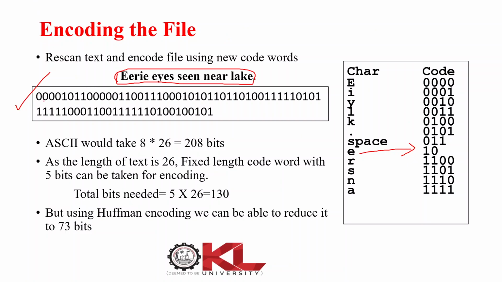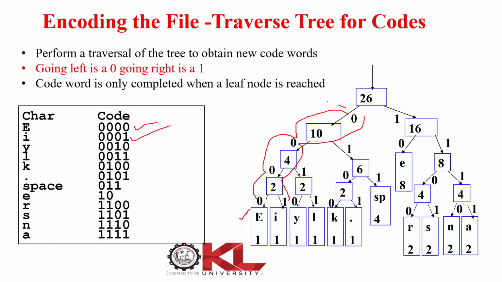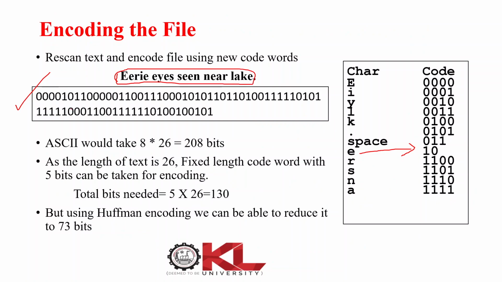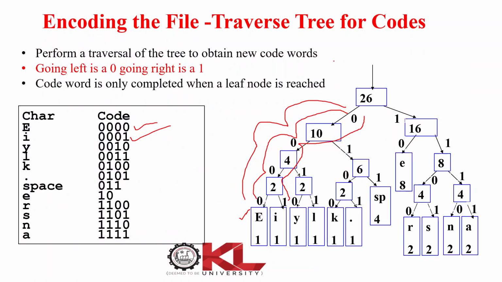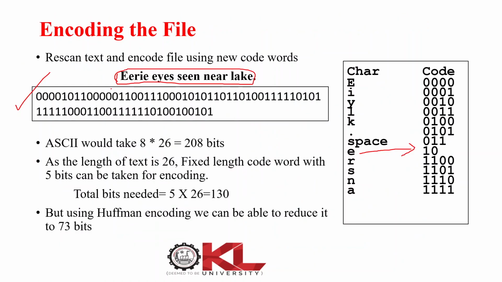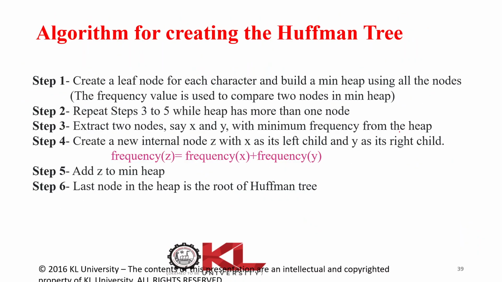So here we see 4 zeros: left left left left, so it will give E. So the first letter is E, and again 1 0 will give small e. In this way we are going to decode the values.